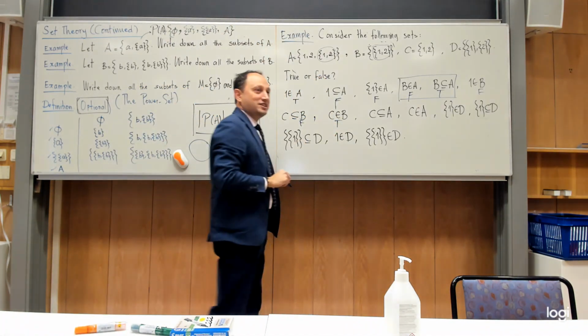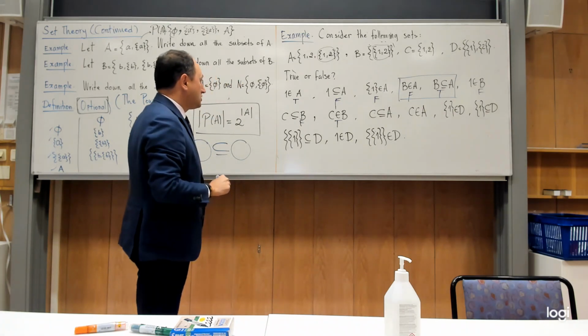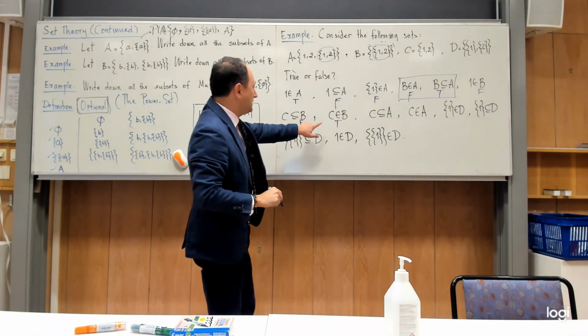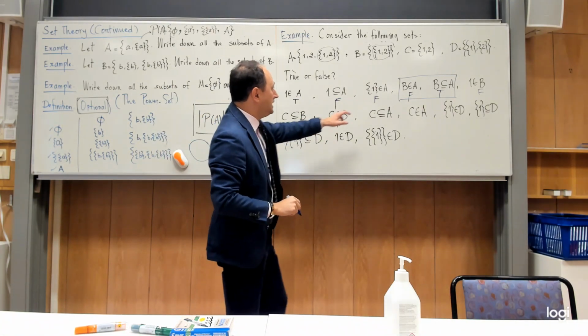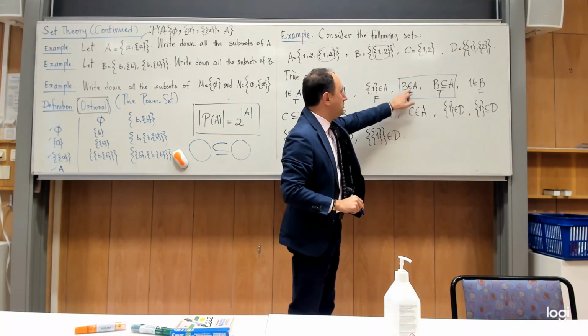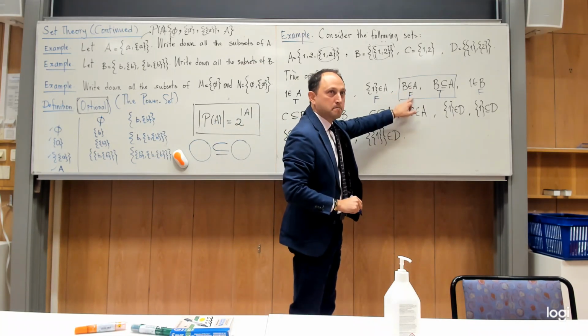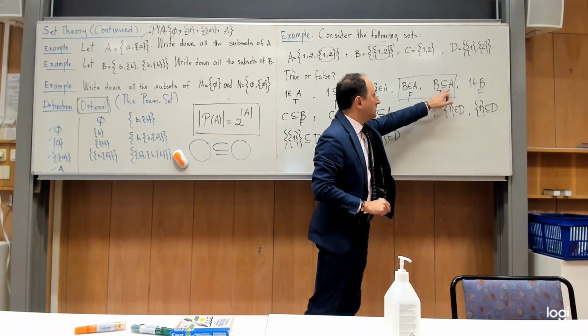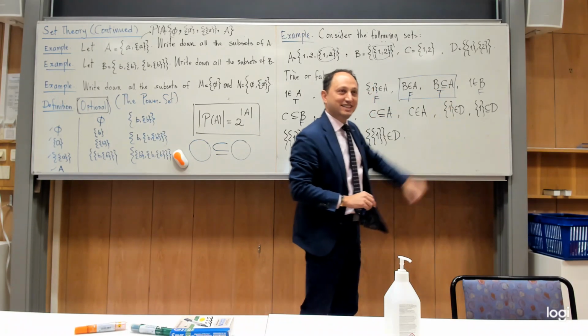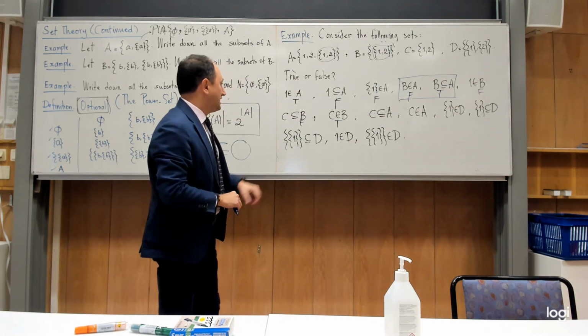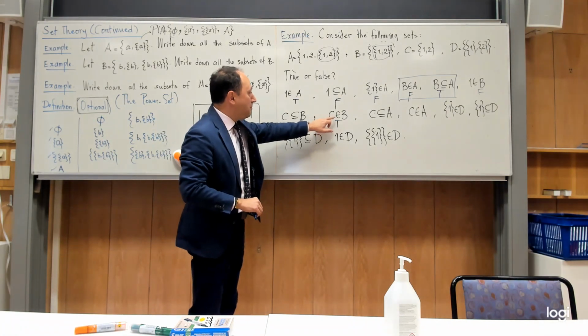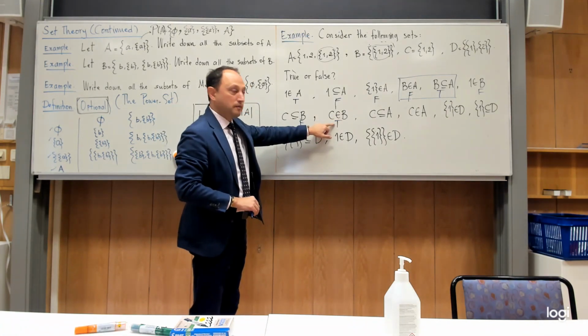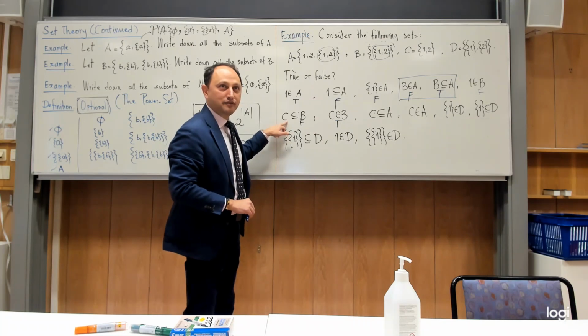If you have questions, let me know. Okay. Unfortunately I wrote them in the wrong order. Here, membership was false. Subsetship was true. Here, membership was true. Subsetship was false.